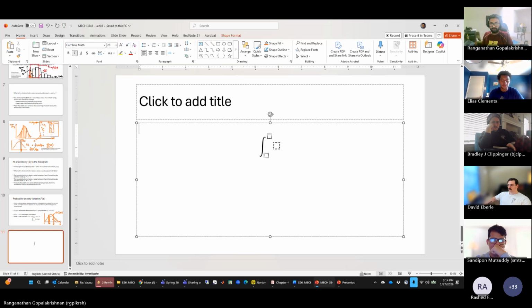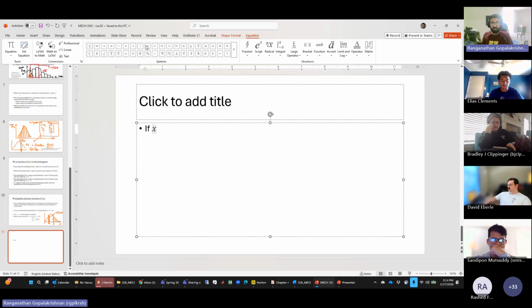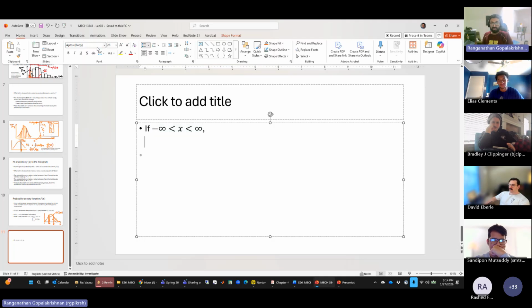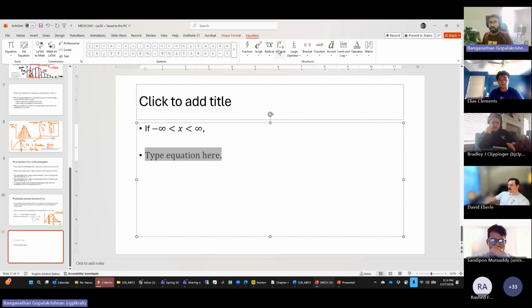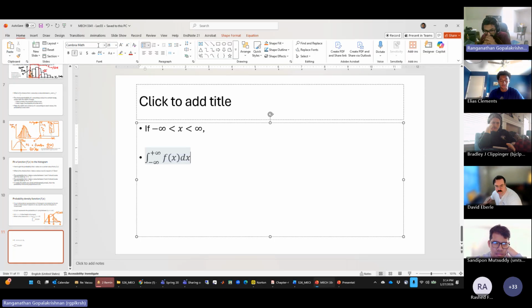If x varies between minus infinity and plus infinity, that is, the possible values of x range from minus infinity to infinity, tell me the value of the integral from minus infinity to plus infinity of f of x dx. You don't even have to know what f of x is, but you can tell me what this is.